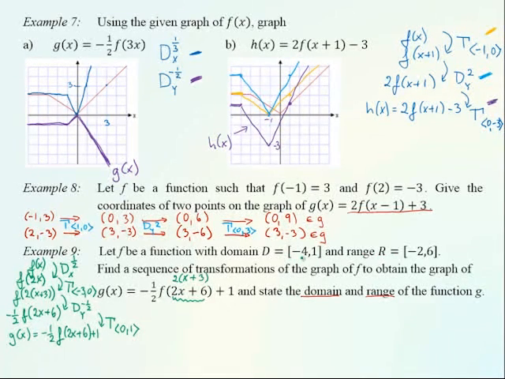When we observe the change in domain, we really observe the first coordinate, and the change in range will be observed by change in y coordinates. So starting with the original domain of f, which was negative 4, 1, let's go through the transformations.